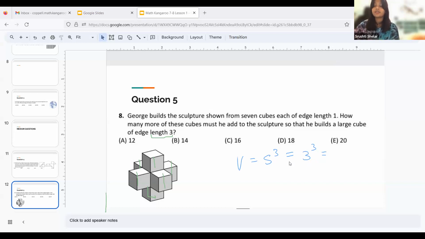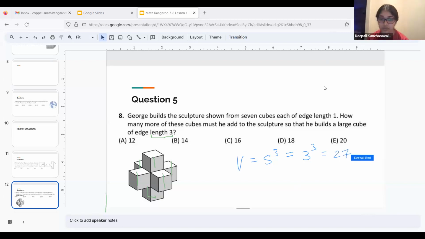Oh, 3 cubed. Yeah, so that would be 9 times 3. So that would be 27.